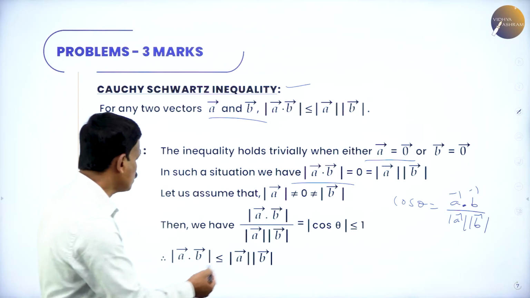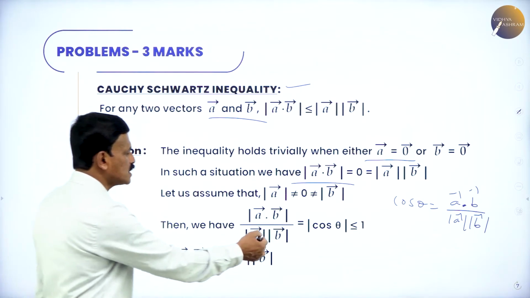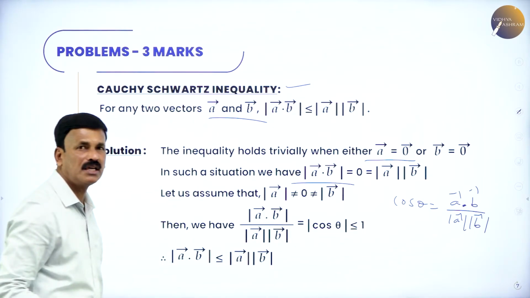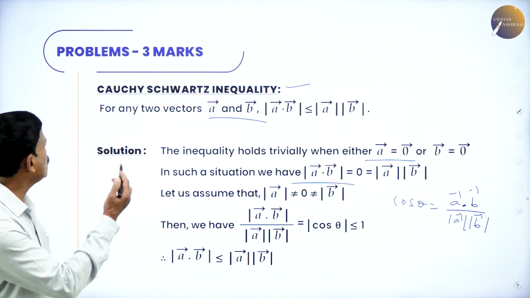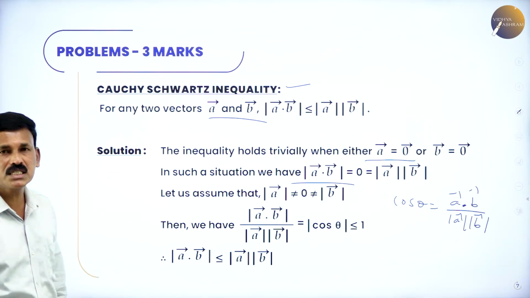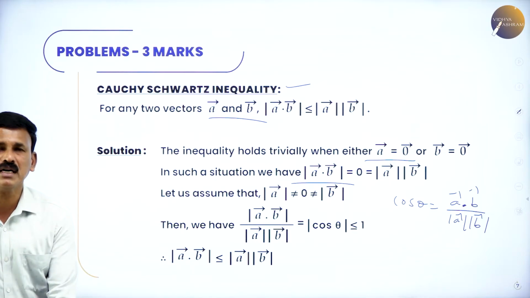So if we cross multiply, A dot B is less than or equal to length of A into length of B. This inequality is called the Cauchy-Schwarz inequality. Very simple and very important.